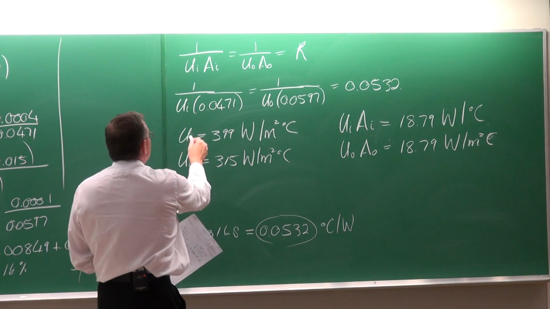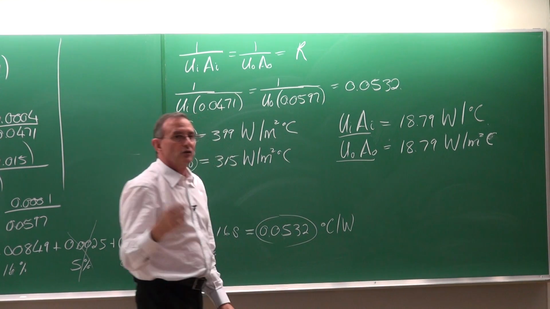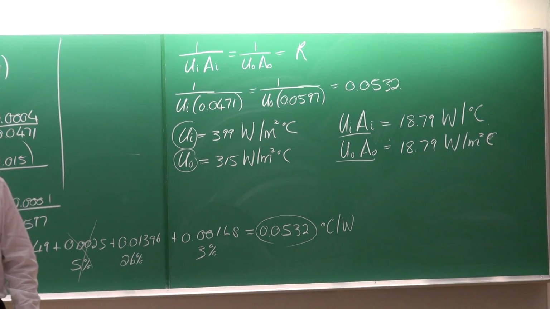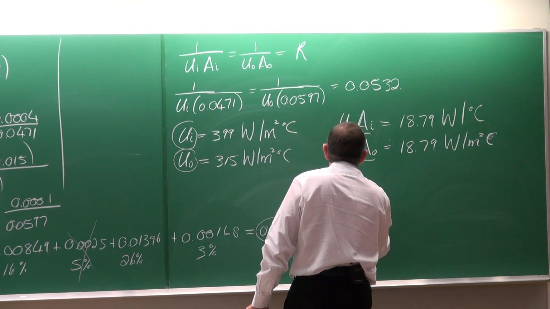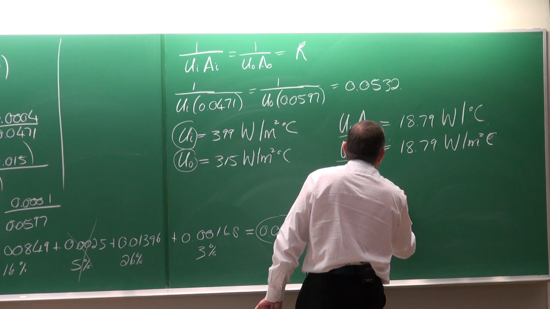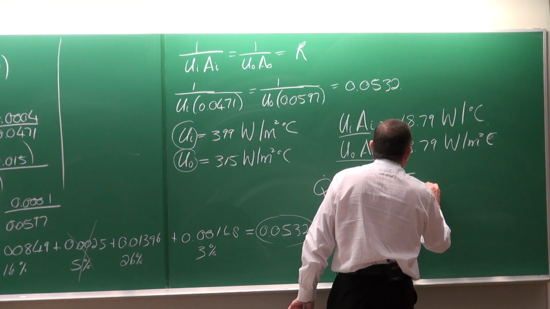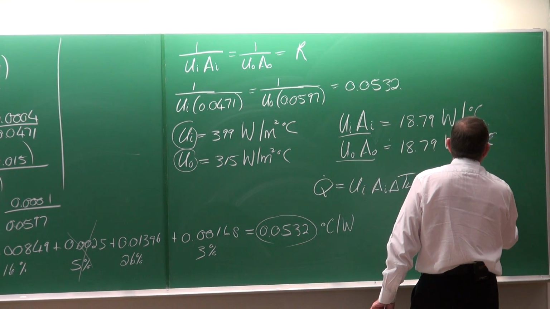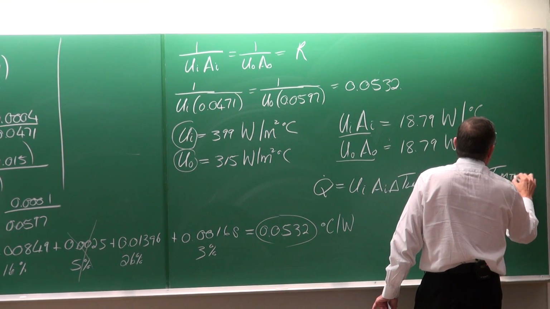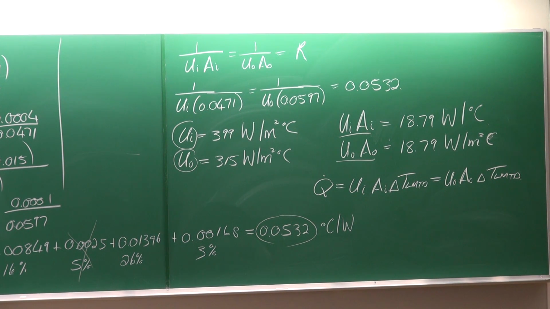Okay, so although the two U values are not the same, the UAs, the product of the two, will always be exactly the same. And it would be this product that we're going to use to determine the heat transfer rate. Because the heat transfer rate would be equal to UA multiplied by the LMTD, or it would be equal to UA based on the outside LMTD. And we will do examples like that in the next class. Thank you, ladies and gentlemen.